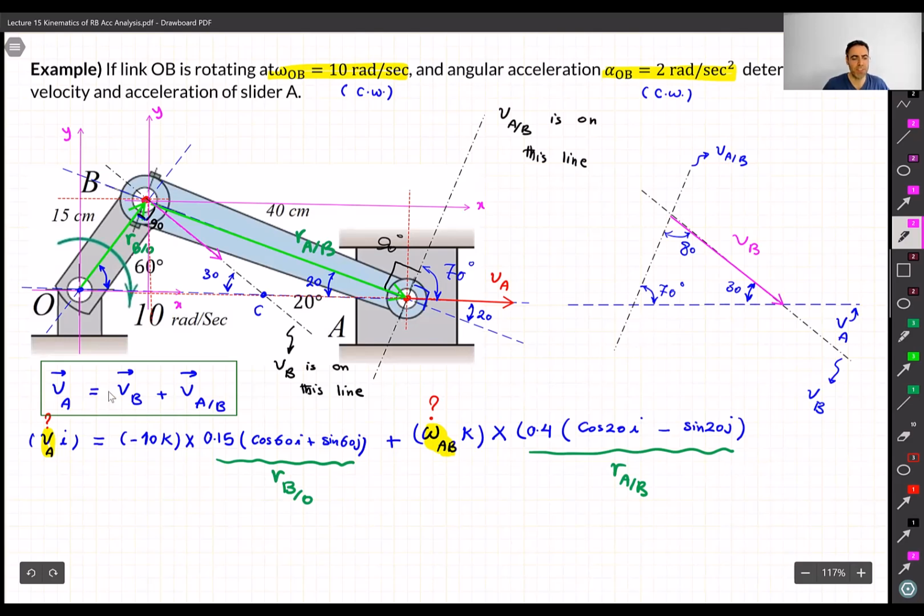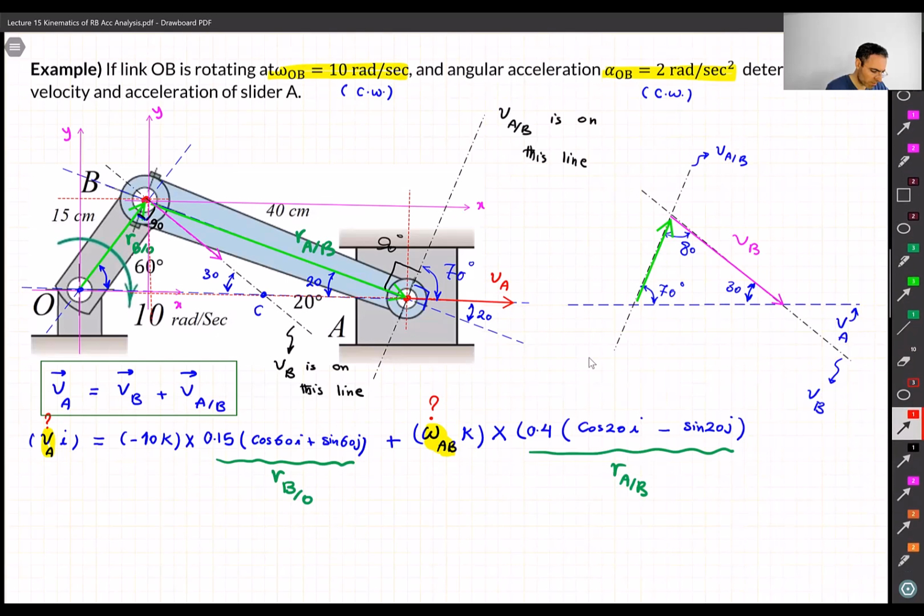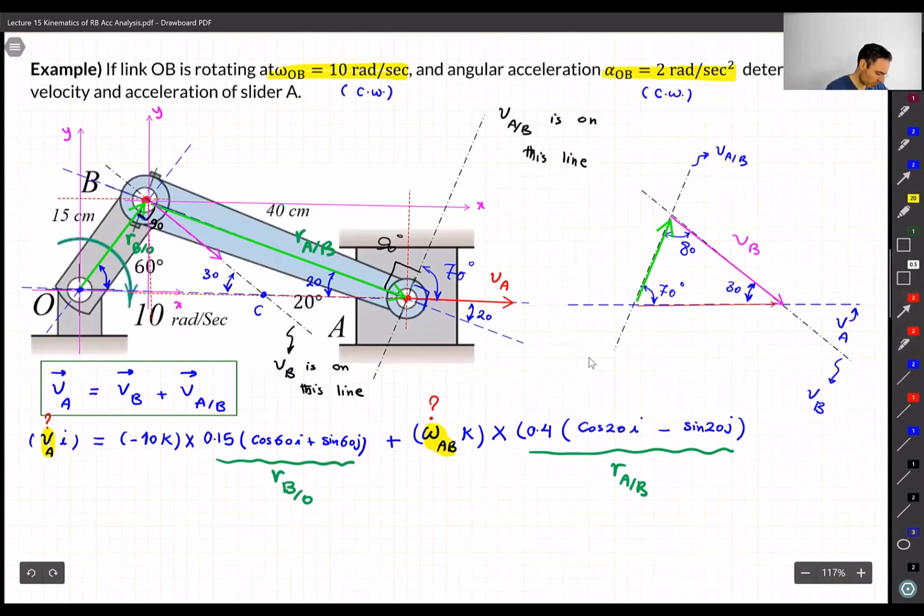So this is VB. If we know one of them, the rest we can immediately figure out their direction, because we have to form this: VA is equal to VB plus VA with respect to B, right? So to have it right, we immediately realize that it has to be this one, and this one has to be that one. Or maybe let's use this one.